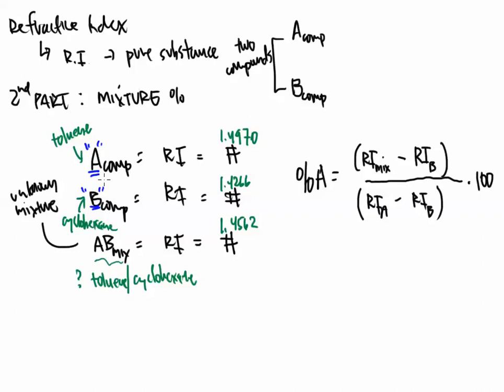You'll get the same answer in the very end. It doesn't matter. Okay, so my percent of A. Well, I'm going to rewrite this, and I'm going to say my percent of toluene, because I randomly said A represents toluene here. Okay, so percent of toluene is equal to refractive.